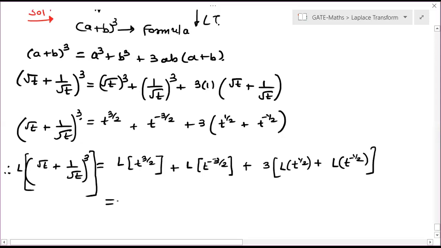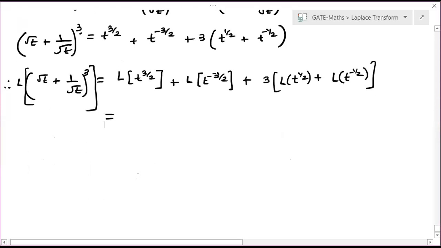So it is equal to, now Laplace of t to the power n, students. First of all you should write, t should be in the numerator, and s should be in the denominator. Now we are moving from t to s, so you should write n plus 1, or not? It is 3 by 2 plus 1. Now it is not an integer, so you cannot take a factorial over here, you have to take gamma. And for gamma, the power of s and the input of gamma are both the same.